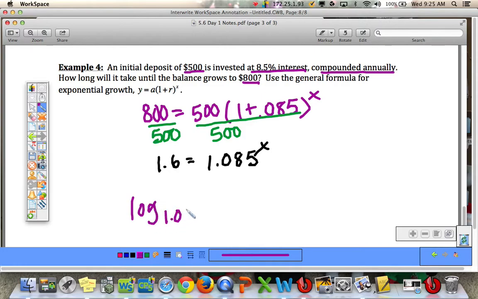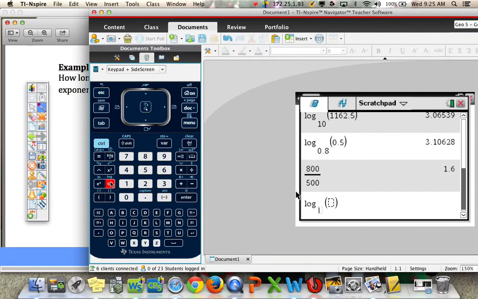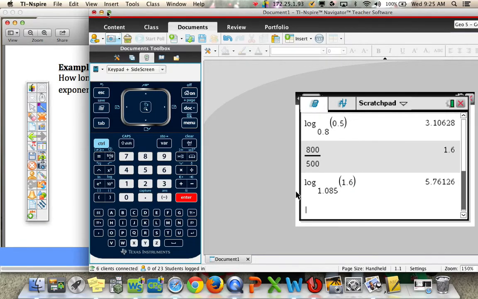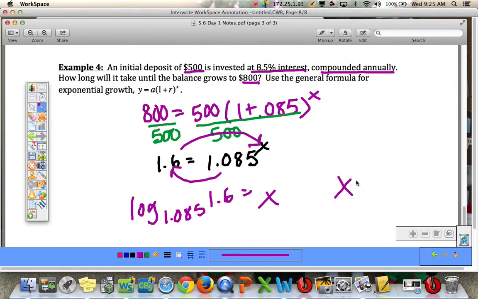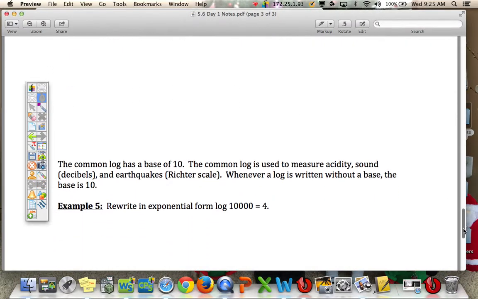Log base 1.085, make your loop of 1.6 equals x, and type that into your calculator. So log base 1.085 of 1.6, about 5.76 years to get $800 in this account.